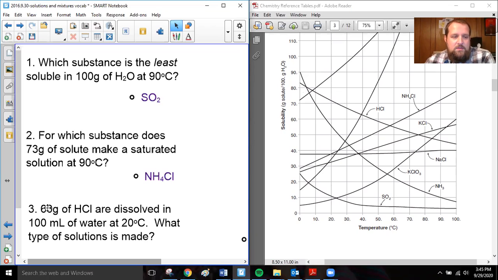So I've got two pieces of information, 60 grams and 20 degrees. Once again, they've given me a point. 60 grams, 20 degrees is right here. And they're asking me a question about HCl. So I'm going to ignore every other line except for the HCl line.